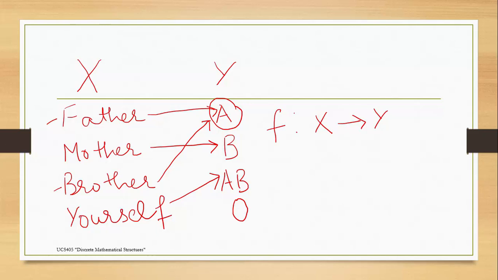So the main point is that when we define a function from set X to set Y, two elements of set X can have the same image in set Y, but no element of set X can have two images in set Y.